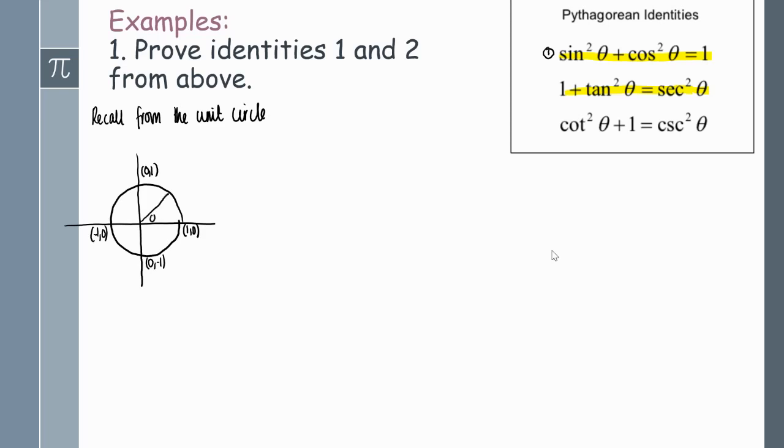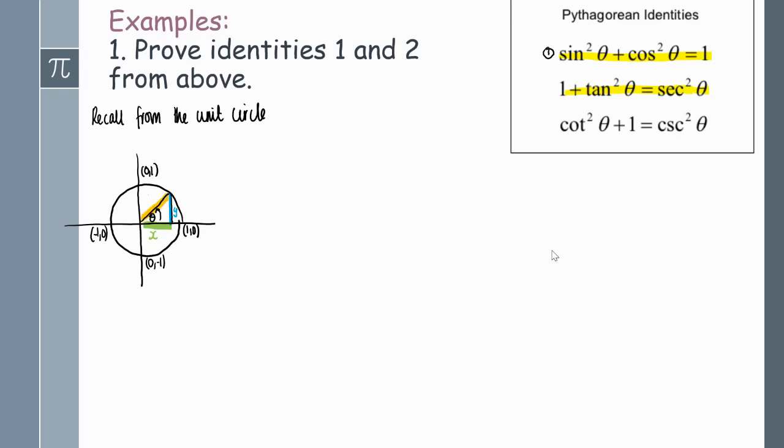Then I'm just going to draw in a line, the radius, with the angle theta from the positive x-axis all the way around to that line. That radius line is 1. I also will call the x length here just x, and then the height y.